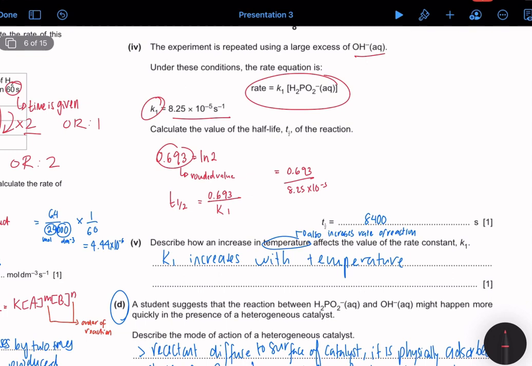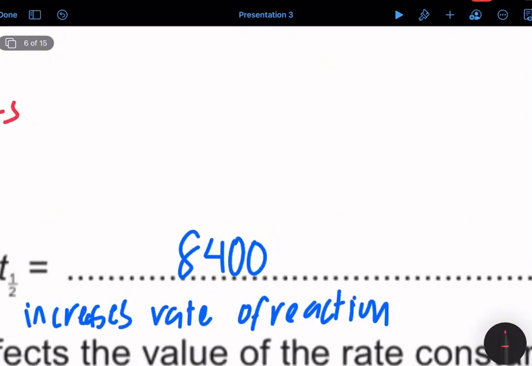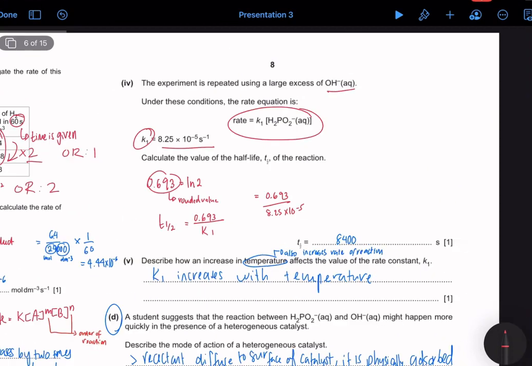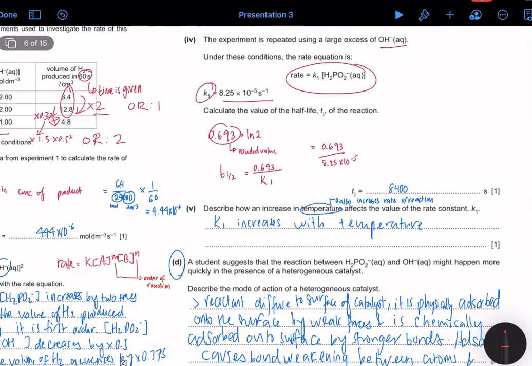The formula for half-life is ln2 over your k1, and usually you can round ln2 up to 0.693. So 0.693 over 8.25 times 10 to the power of negative 5, and the answer would be 8,400 seconds.